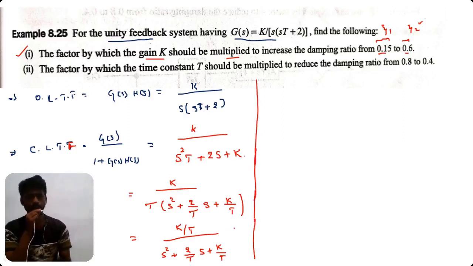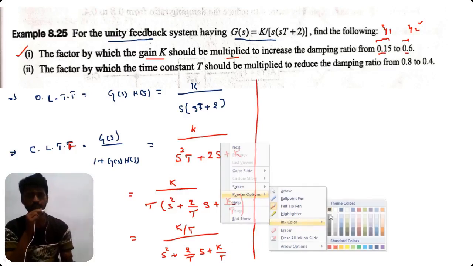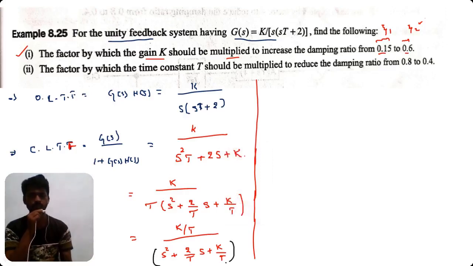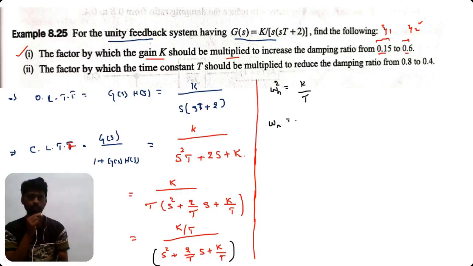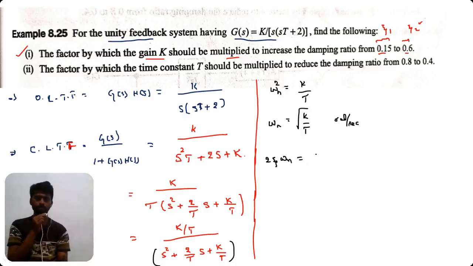For that I am comparing this closed loop transfer function with a standard second order transfer function. Here omega n square is nothing but K by T, then omega n equals under root K by T, in radian per second. Then if you compare the coefficient of s, 2 zeta omega n is nothing but 2 by T. T gets cancelled.